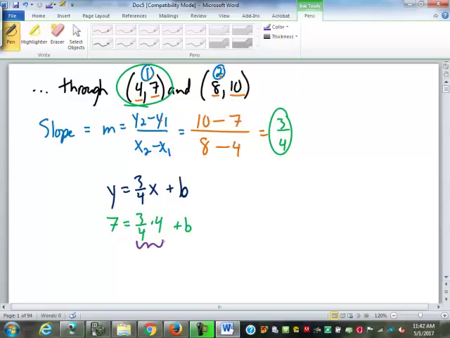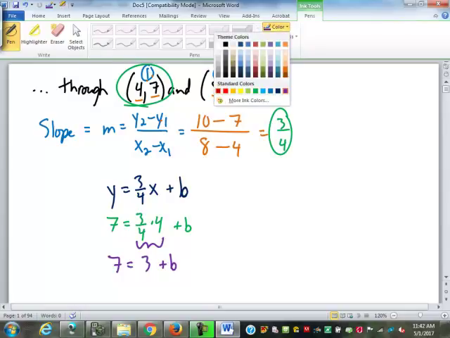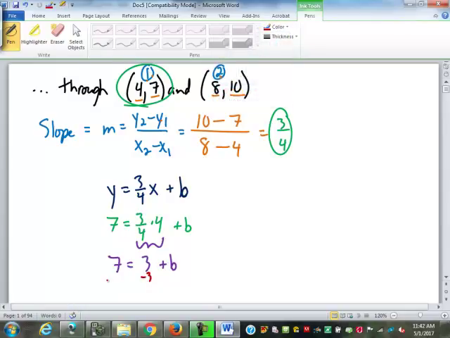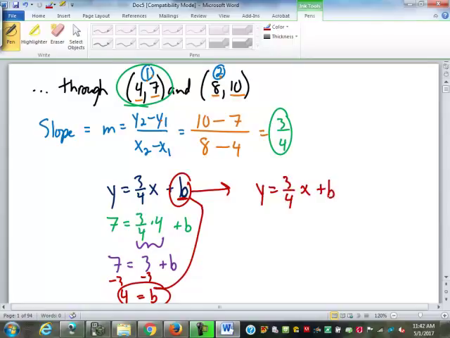So now we've got 3/4 times 4, which is just 3. So 7 equals 3 plus b. And we solve for b by subtracting 3. So 4 equals b. So we bring that back up and replace b in this original form of the equation with 4. So y equals 3/4 x plus, oops, not plus b anymore, it's plus 4.